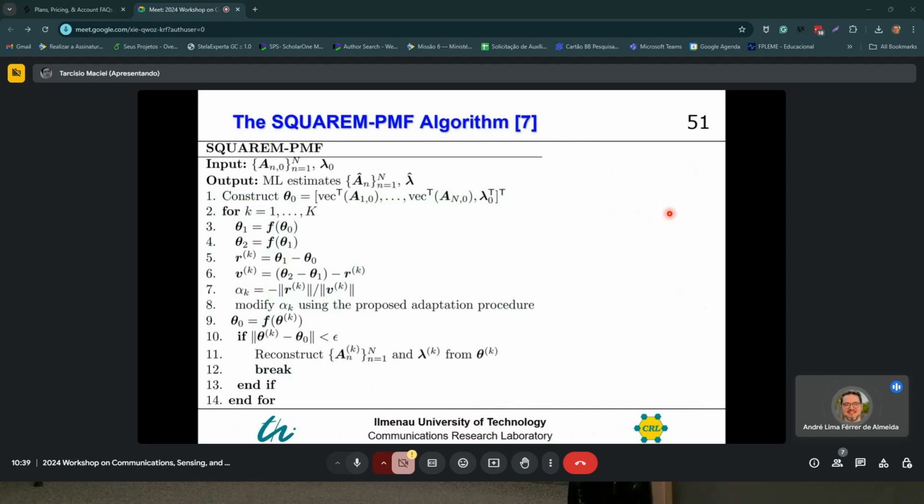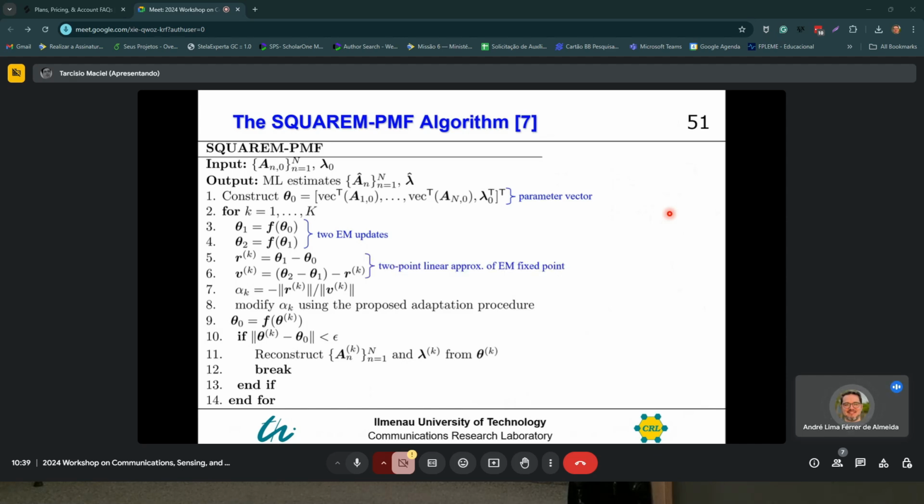And this is the summary of the square EM PMF algorithm that we proposed. Here we have the parameter vector that has all the factor matrices and the loading vector. Then you first run 2 EM updates, so 2 iterations of the EM algorithm.